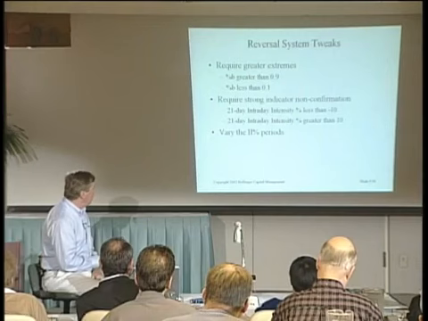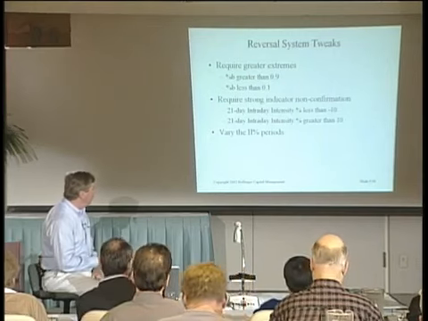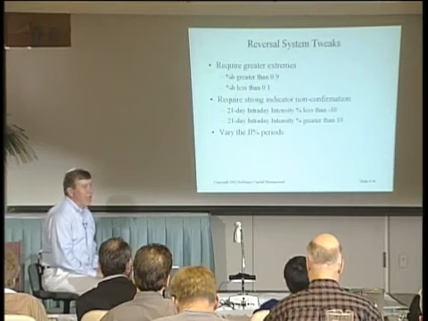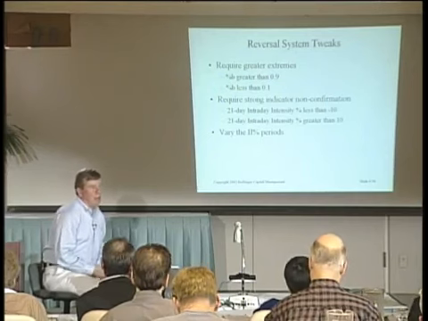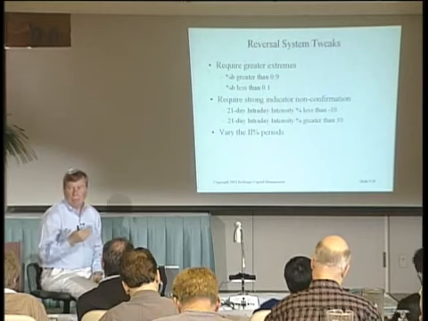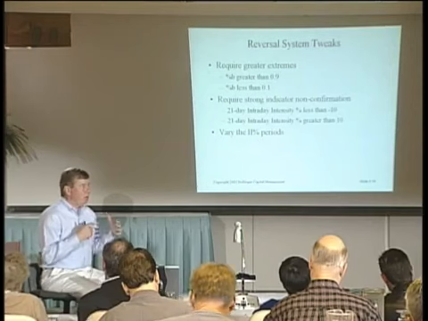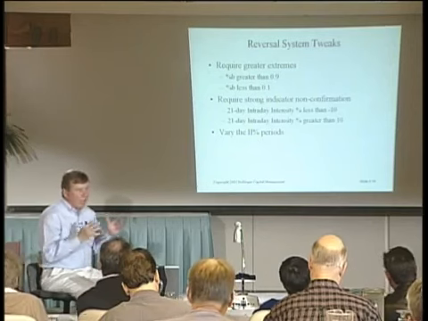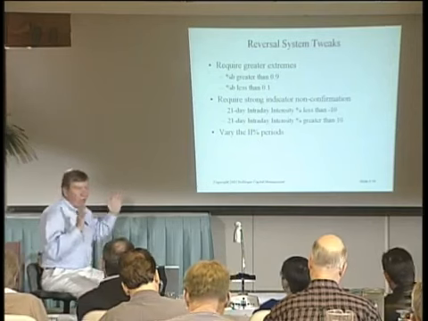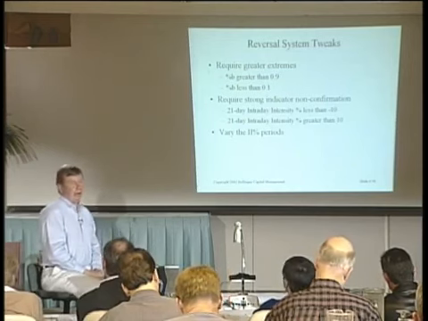The other tweak that I think will work very well is to vary the intraday intensity periods. 21-day intraday intensity tends to be a little slow moving for some people. Some people need a more active system. Some people want something that's going to be quicker on the trigger. You can do that by shortening the intraday intensity periods, but don't get carried away.